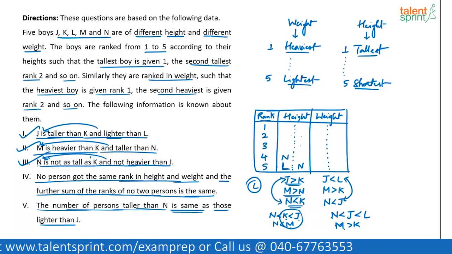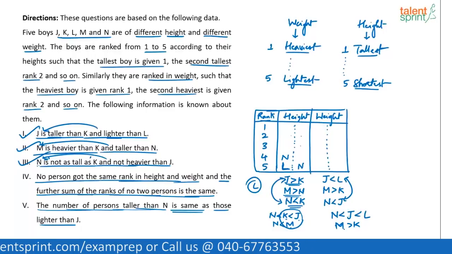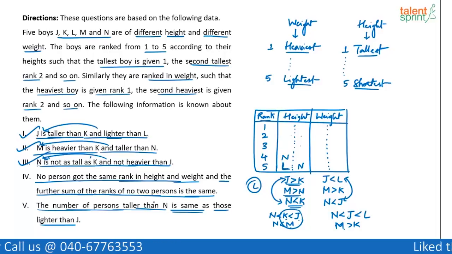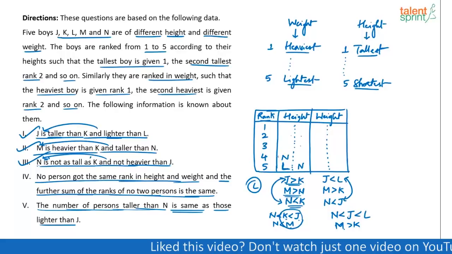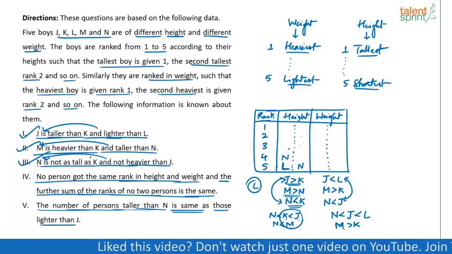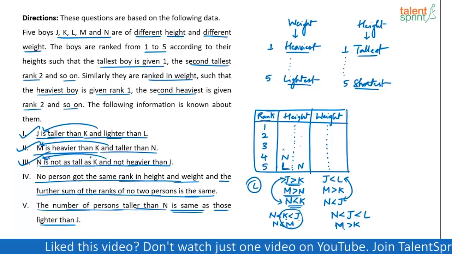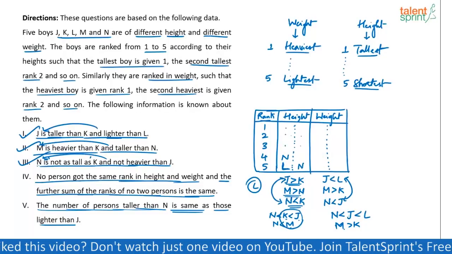Okay. Now let me explain the next part here. Look at point number 5. What do you see? Number of persons taller than N is same as those lighter than J. Look at this. What does it mean? If you consider case 1, how many persons are taller than N? 1, 2, 3.